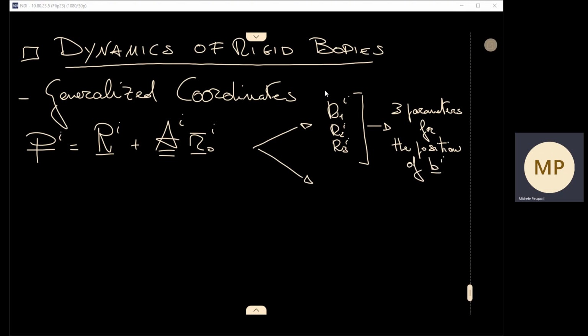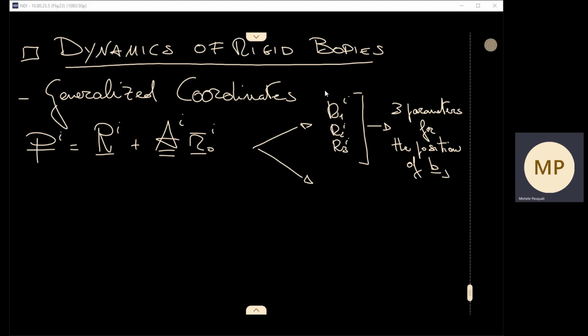Here what I intend is the triad B1, B2, B3 of the local frame of the body. So three parameters for the position.